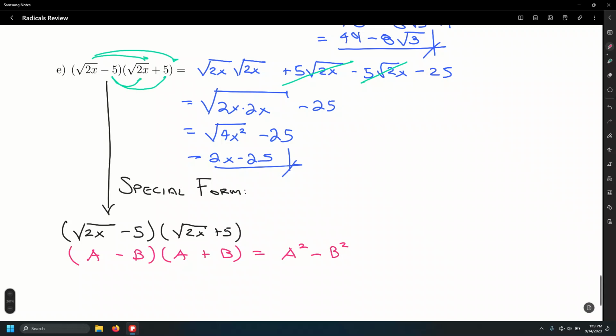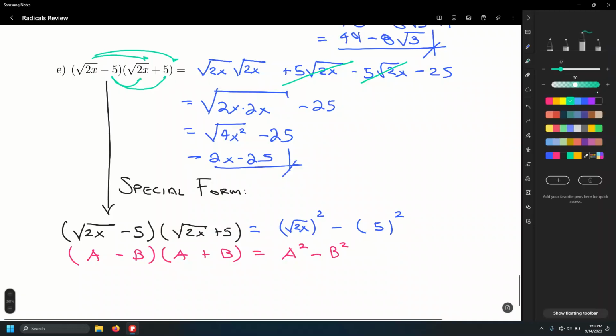So instead of doing the whole foiling, what you could do instead is take the first quantity a squared minus the quantity b squared. That'll be the square root of 2x squared, minus 5 squared.